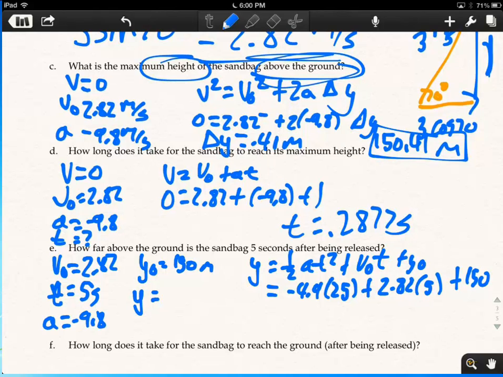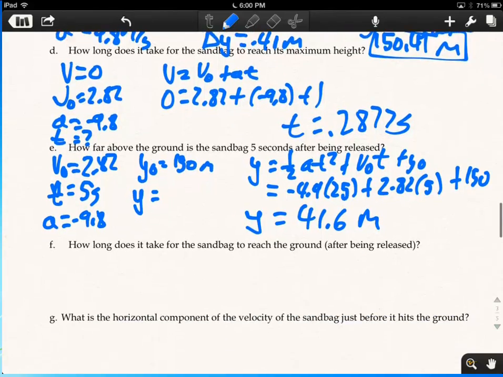And if we work that out on the calculator, because who wants to do that math in their head, we'll see that the sandbag is... wow, I must have goofed that up. Oh, I totally did. I had like 1,000 meters and it should not be that high. Okay, 41.6. Y equals 41.6 meters above the ground. So it's fallen a long way down.